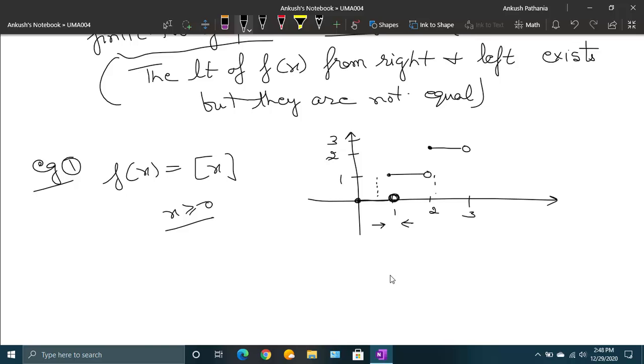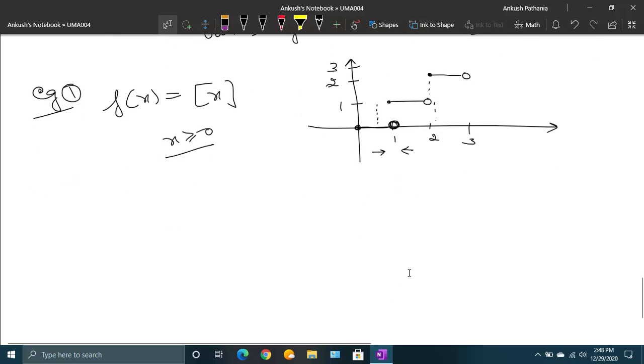So clearly you can see that in these types of discontinuities, jump discontinuity, both limits from left and right exist, but they are not equal. So this is one of the examples where you can see what a piecewise continuous function is.